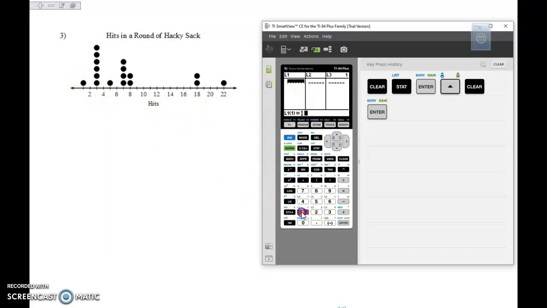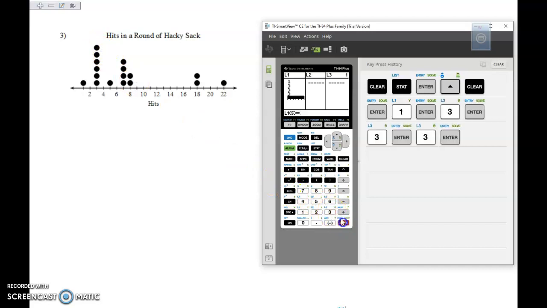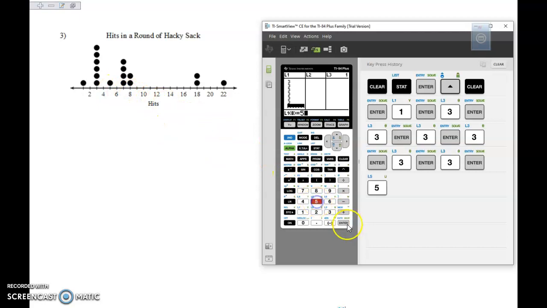So we have a 1, and then six 3s. We have a 5.